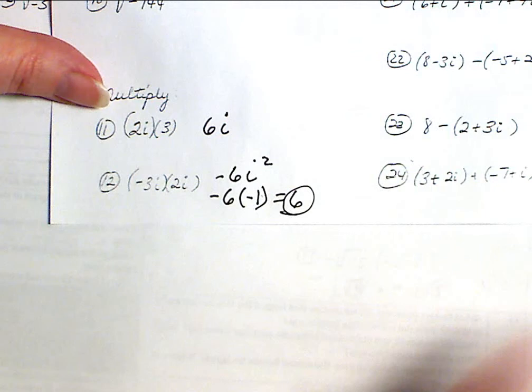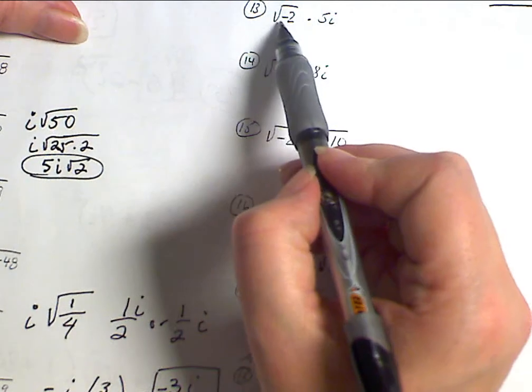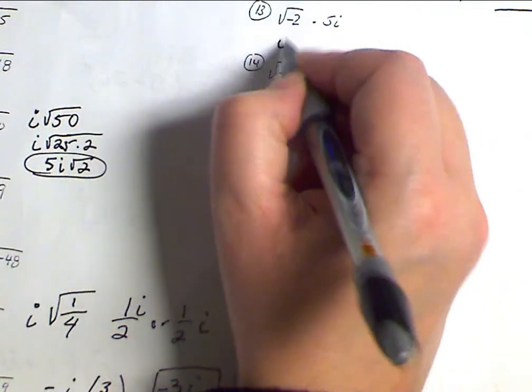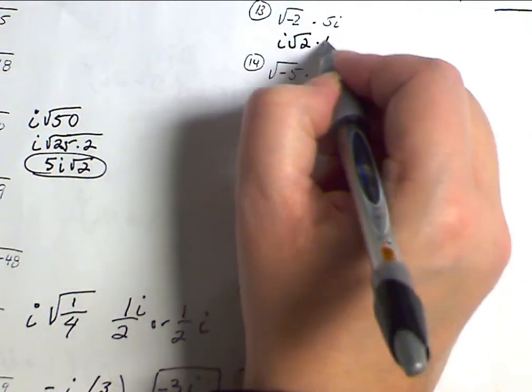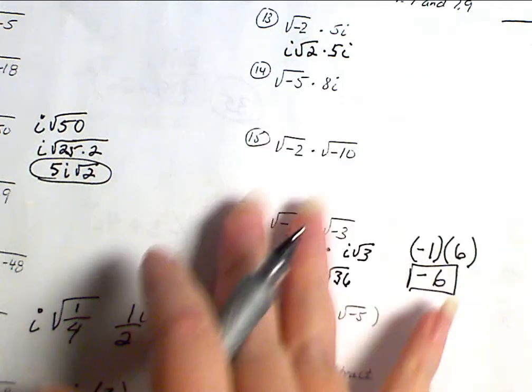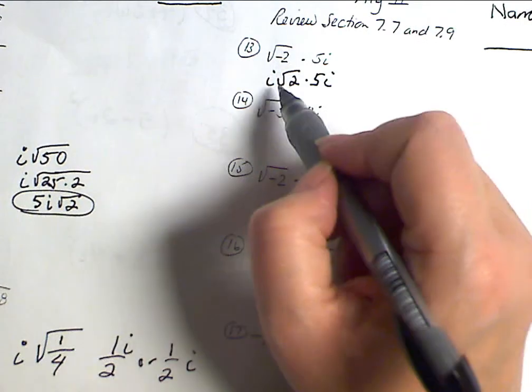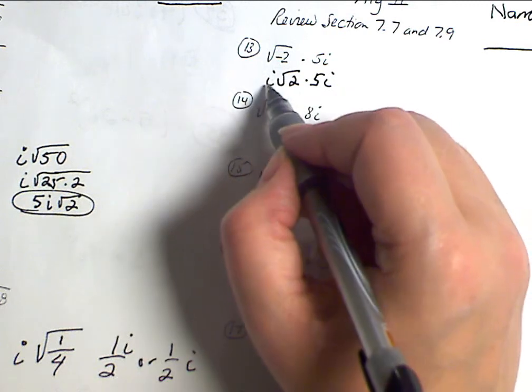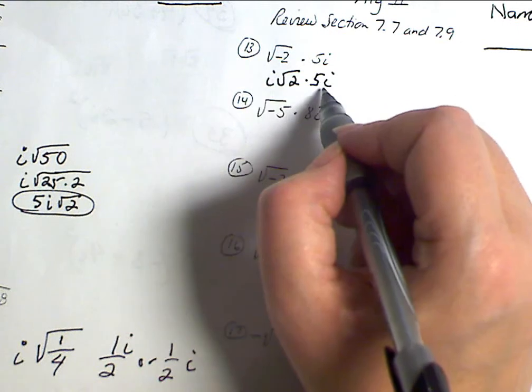Number 13. So what is the square root of a negative? It's i. So we have i square root of 2 times 5i. Look at it however you want, but when you're multiplying your i times i, that gives me i squared.